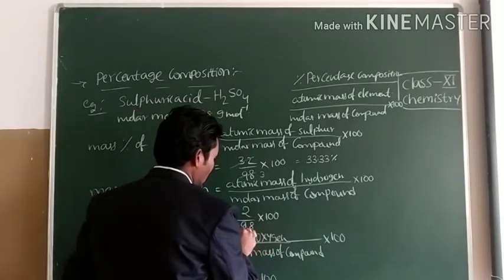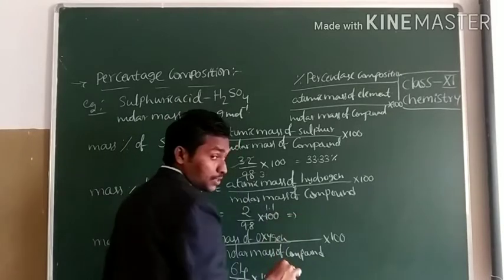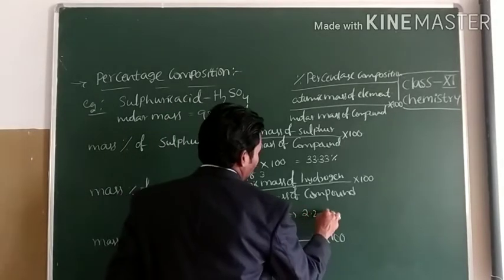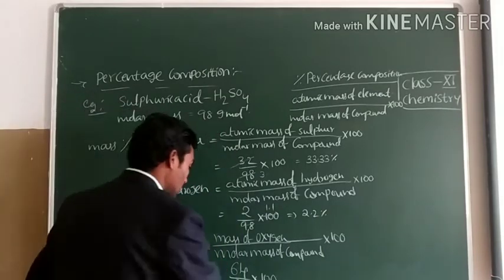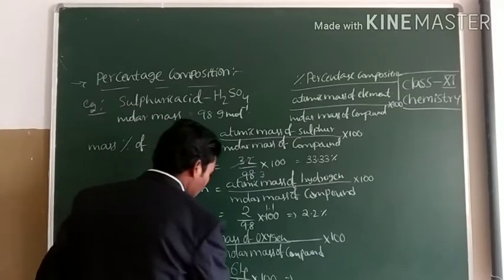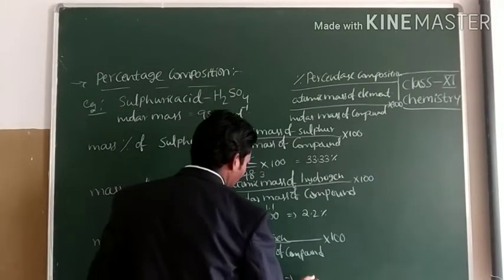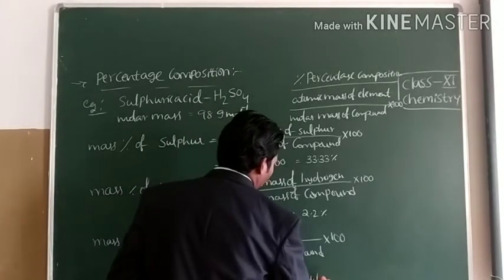Here 2 by 98, where 100 by 98 means approximately 1.1, so 2.2% of hydrogen is present here. Next, 64 by 98. 100 by 98 means approximately 1.1. 64 into 1.1, so on rounding we get 64.1%.